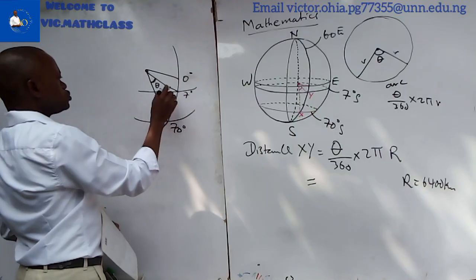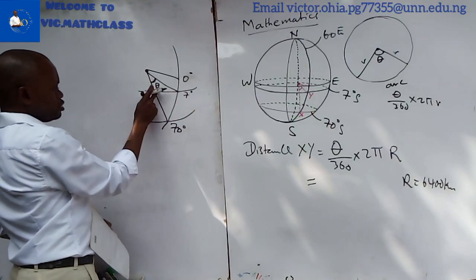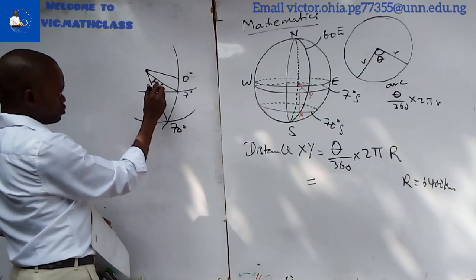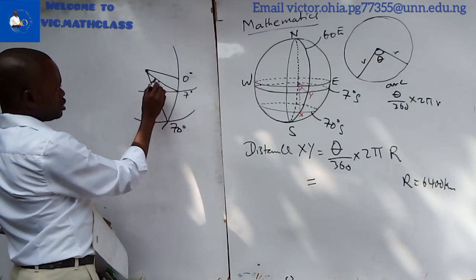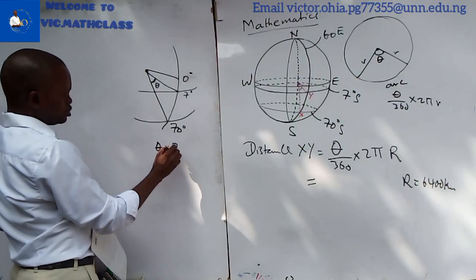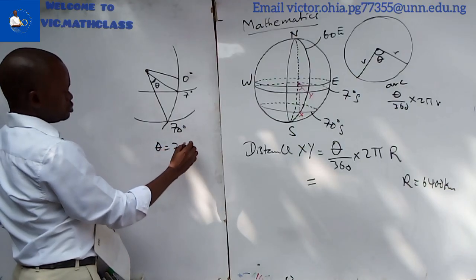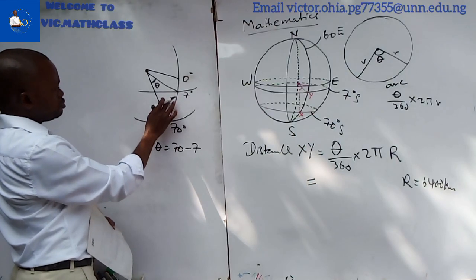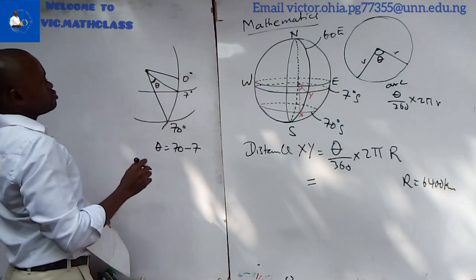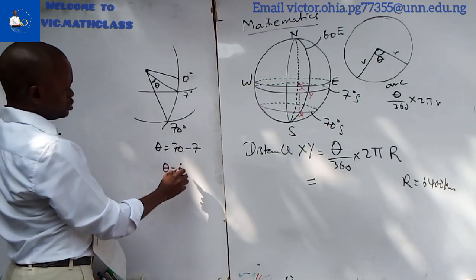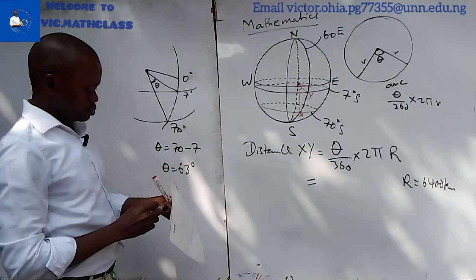For us to know this angle here, it is simply this angle, because from here to here is 7, and from here to here is 70. So this theta is going to be 70 minus 7. I believe we understand this illustration. So it is going to give us theta to be 63 degrees.